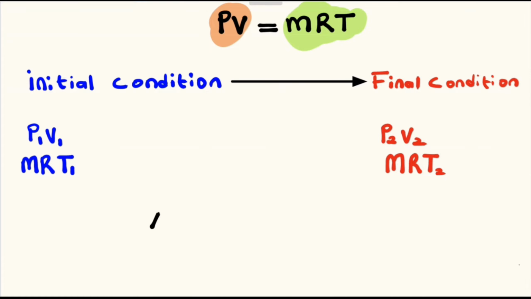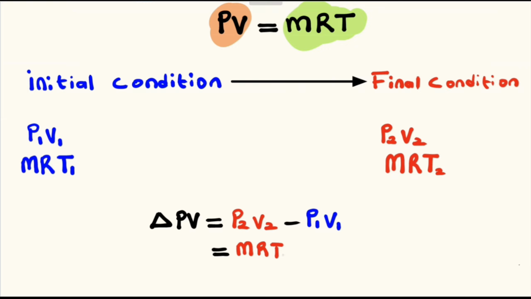So we have what we call the change in PV, which will be equal to the pressure number 2 multiplied by volume number 2 minus the pressure number 1 multiplied by volume number 1, which is still the same as the mass multiplied by the gas constant multiplied by the temperature 2 minus the mass multiplied by the gas constant multiplied by temperature number 1.